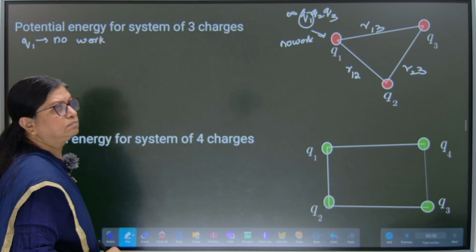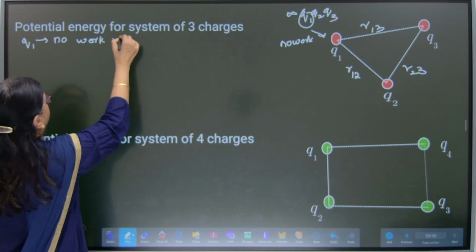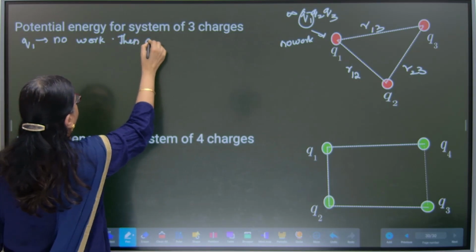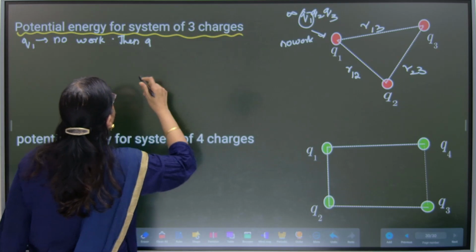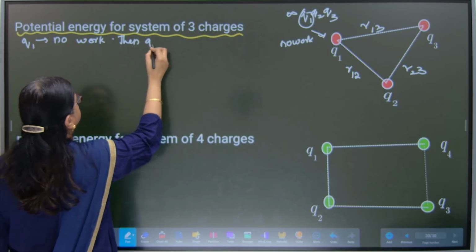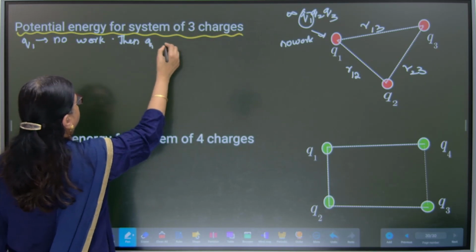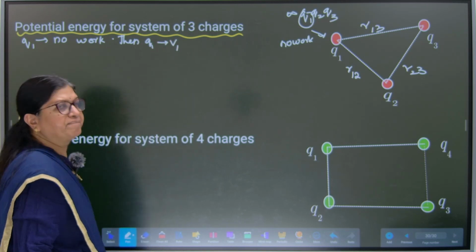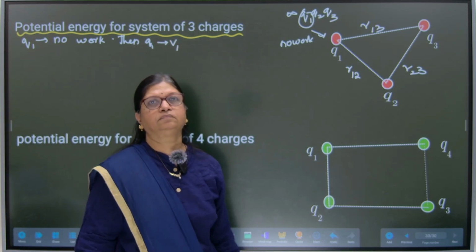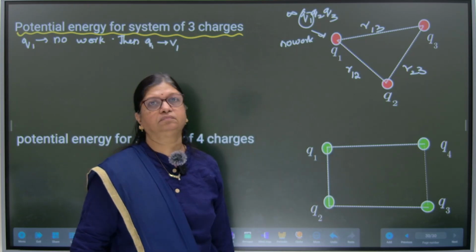To be done. Then Q1, what does Q1 do? Q1 gives its own potential V1 at this position.